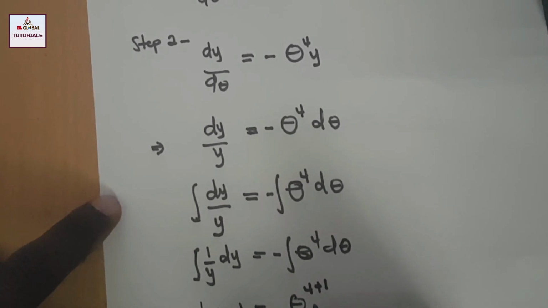You maintain the power and you add 1, then you divide through by the new exponent, which is 4 plus 1. Don't forget to bring your minus sign plus your constant.